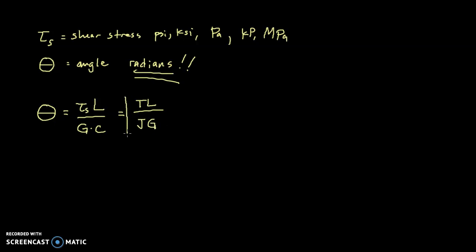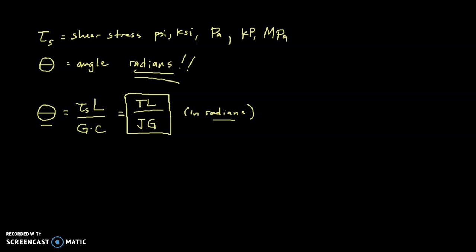This is probably a more commonly used and more useful form of this. When we plug into here, it's going to give us the angle of twist in radians. I really can't stress enough how important that is. The units are going to be in radians.